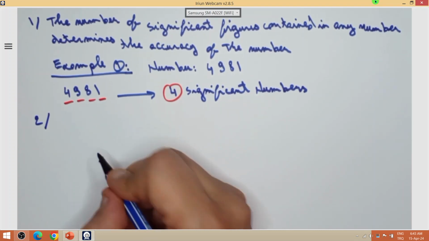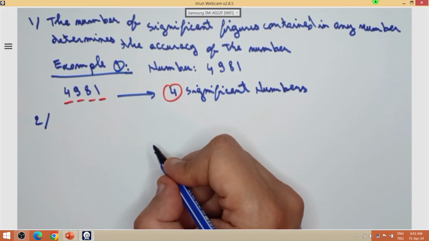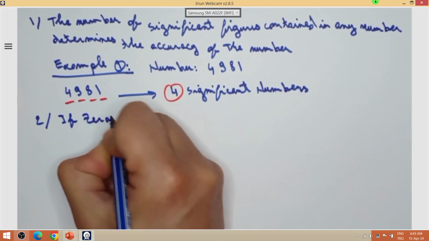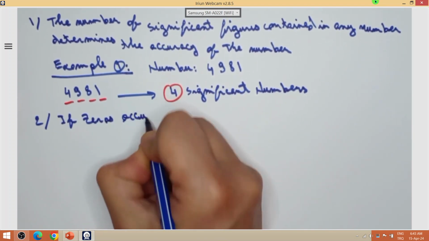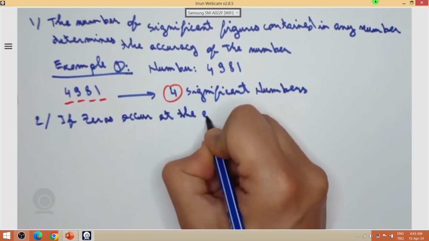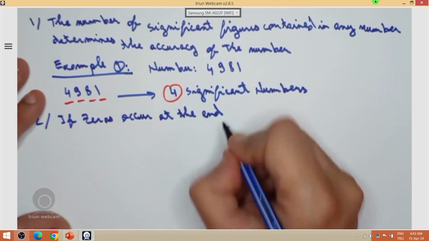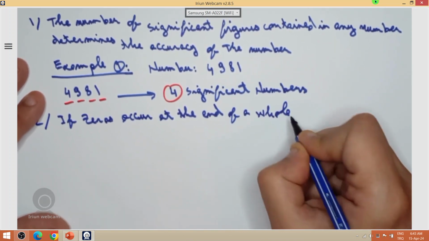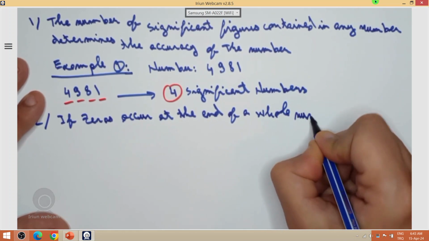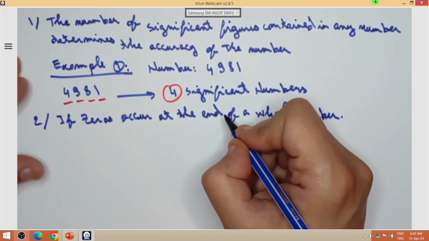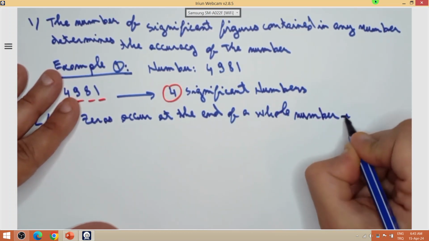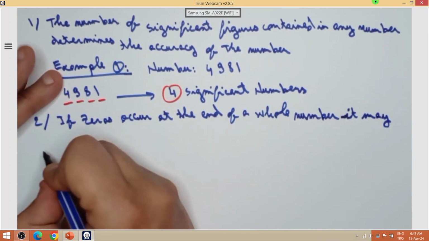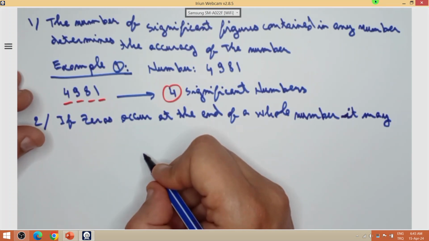In note 2, if zeros occur at the end of a whole number, it may be unclear as to how many significant figures the number represents.